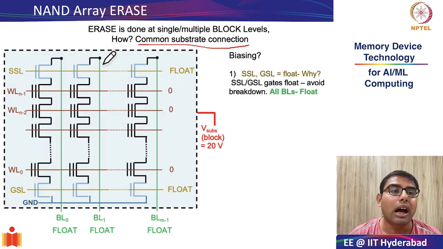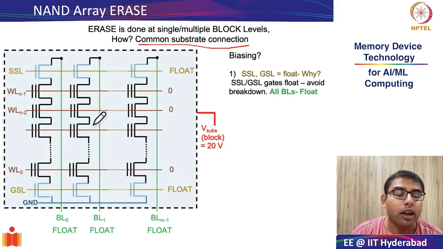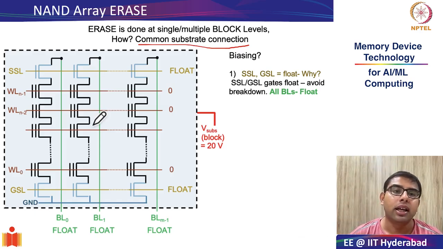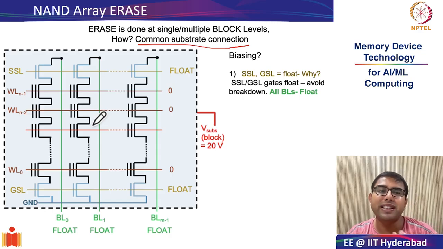Just to recall, our block level diagram consisted of cells organized in pages, which were your horizontal word lines, and your strings, which were your vertical common bit lines. However, since erase is done at the block level, we are not very specifically interested in what is happening at the word lines and bit lines.